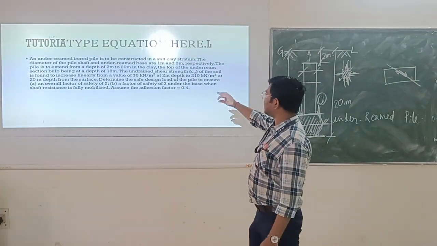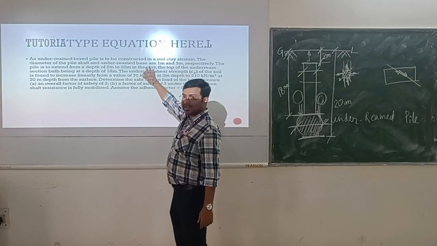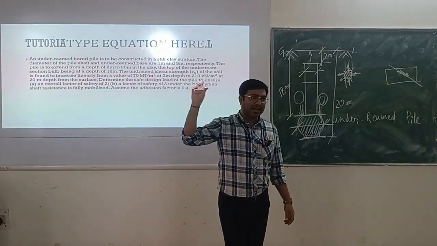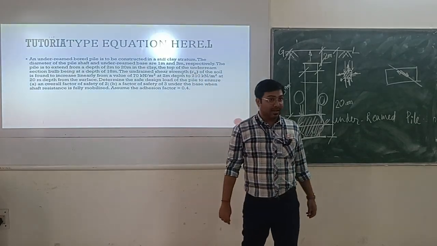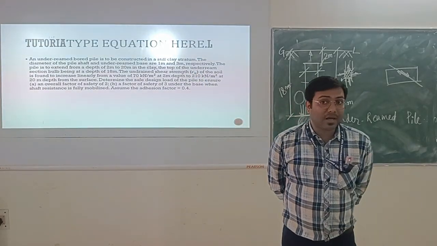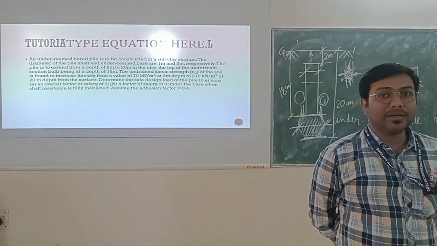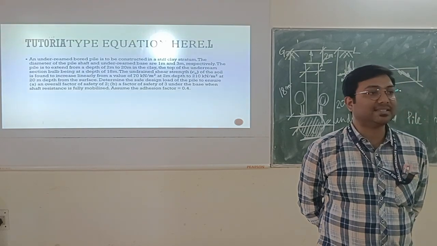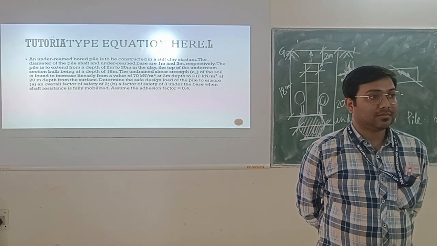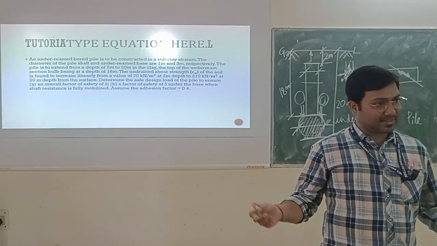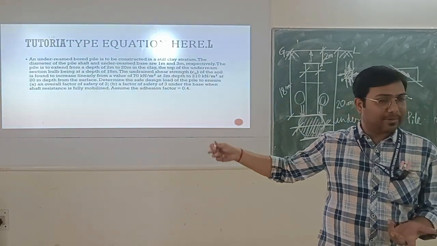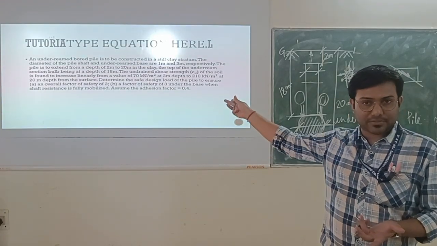Okay. So in this case, as we are considering clay soil or cohesive soil, the undrained shear strength is given. Now, if the cohesive soil is there, what will be the equation for shear strength? Tau is equal to c. Shear strength is equal to only c, because sigma tan phi is 0 for cohesive soil.